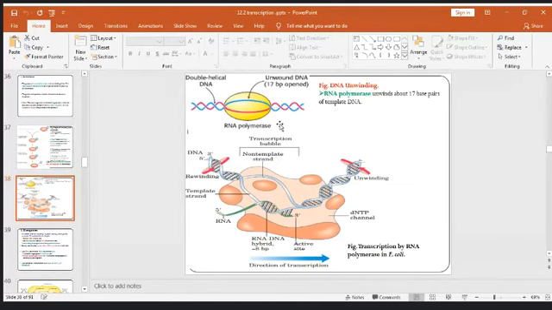So the double helical DNA undergoes unwinding. This means DNA unwinding is carried out by the RNA polymerase, which unwinds around 17 base pairs of the template DNA in order to initiate and start the process.